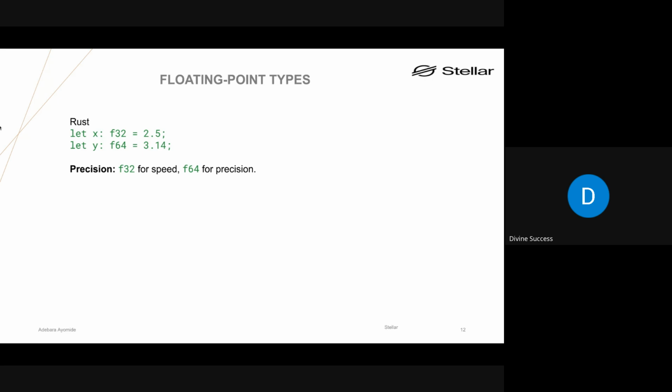Then we talked about the different benefits of Rust, I think memory safety, type system, and concurrency. Then we went ahead to install Rust on our systems and write the first program, which was the Hello World program.